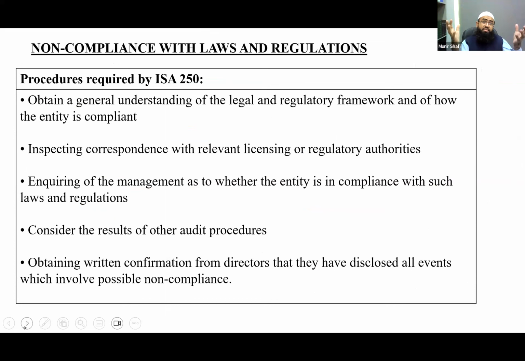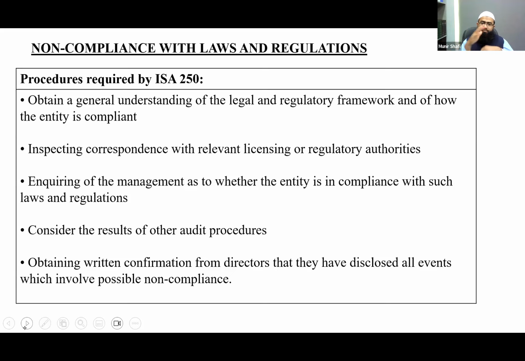Has there been non-compliance in their knowledge? Ask them. If they tell, further dig into it. Consider the result of other audit procedures. For example, expense vouching. If in expense vouching you see a penalty, oh, so this penalty might be linked to a non-compliance. Okay, so what is the non-compliance?